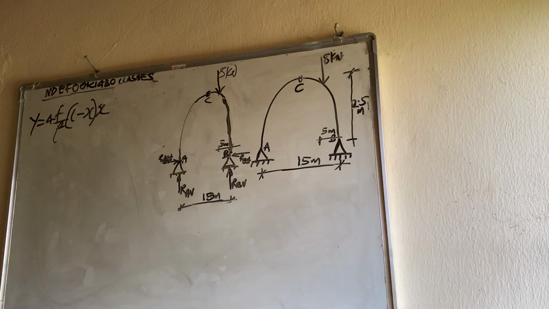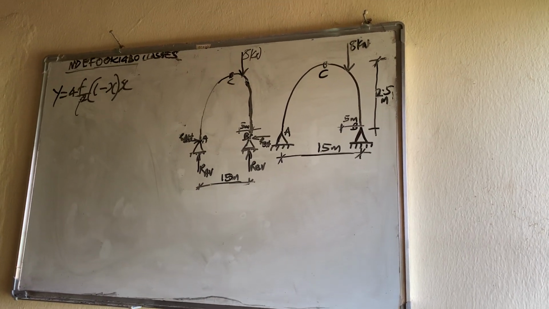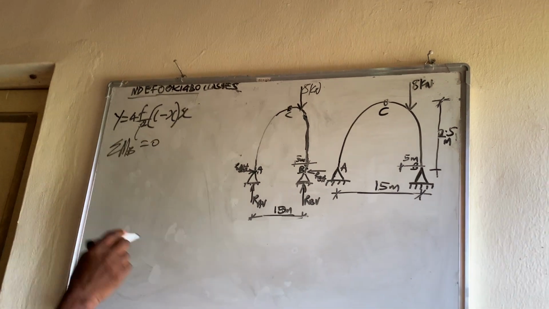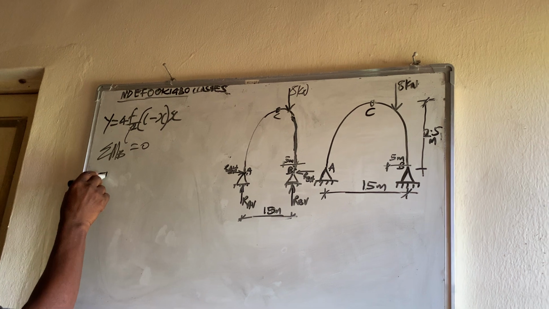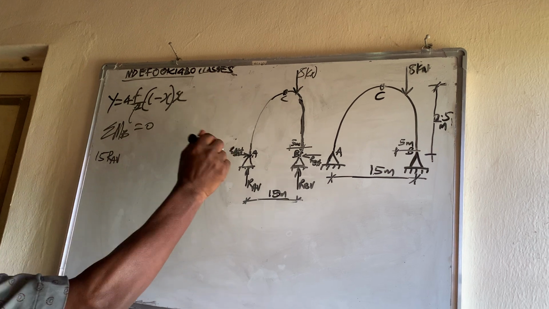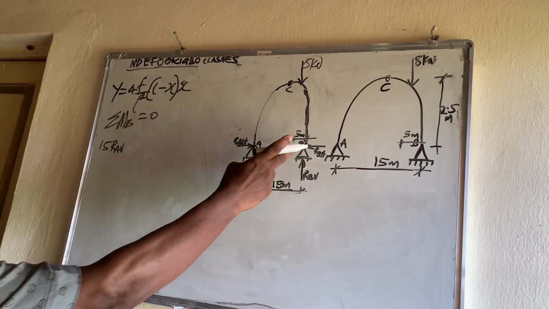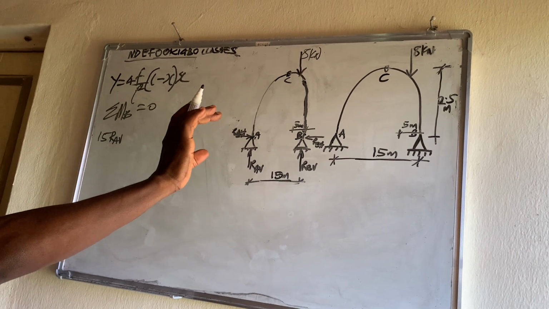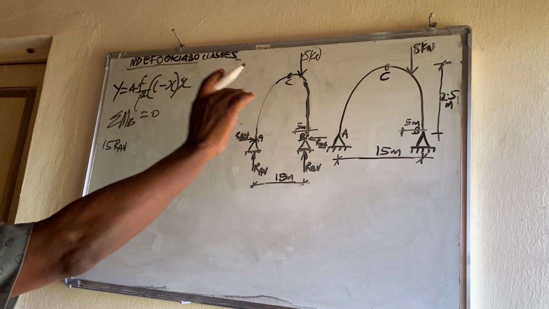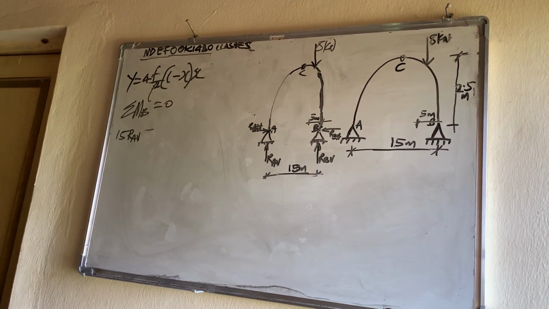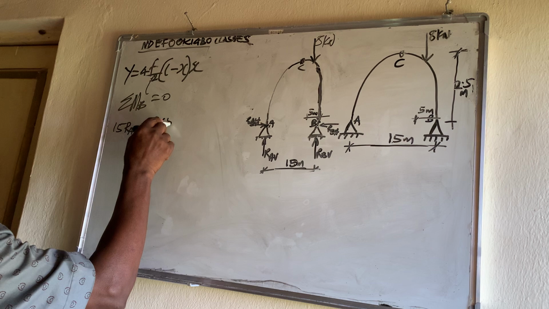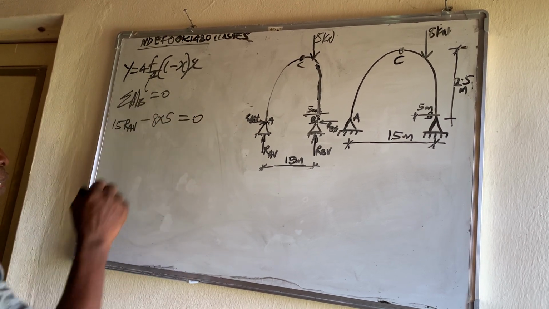So let me start by getting reaction A. To get reaction A, I say that total moment about B is equal to 0. Because the span is 15, I have 15 R_A vertical. R_A horizontal will not come in because it is at the same horizontal level as reaction B. Then minus the load, 8 times the distance, which is 5, is equal to 0.